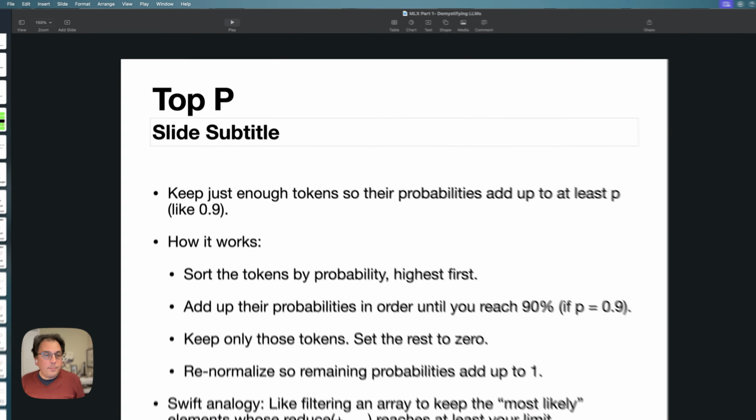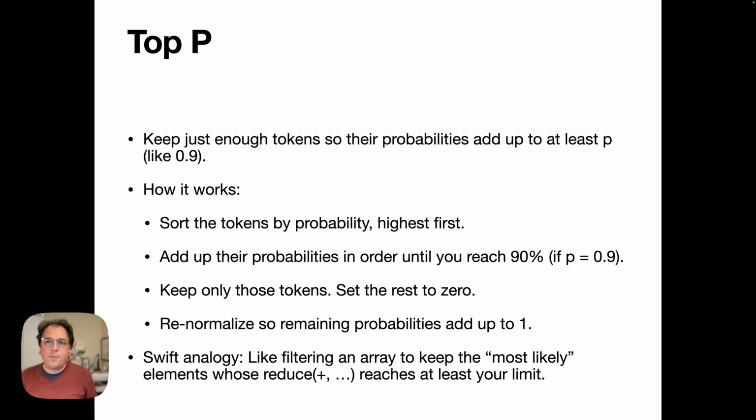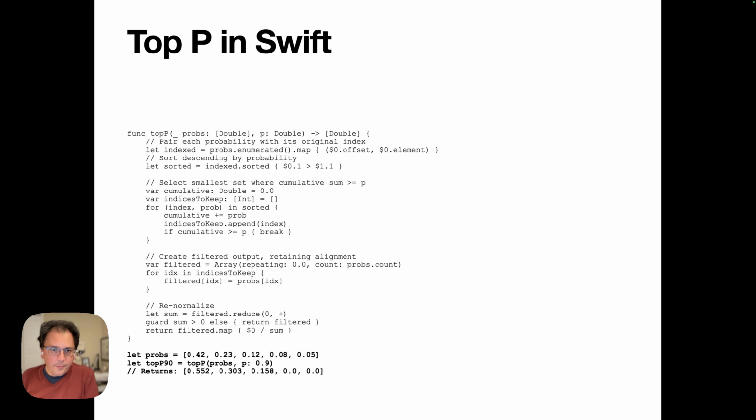Top P is basically the same, but the top tokens' probabilities add up to the floating point value that you passed in top P. The code for Swift, again, is pretty basic. It's not very hard to understand.